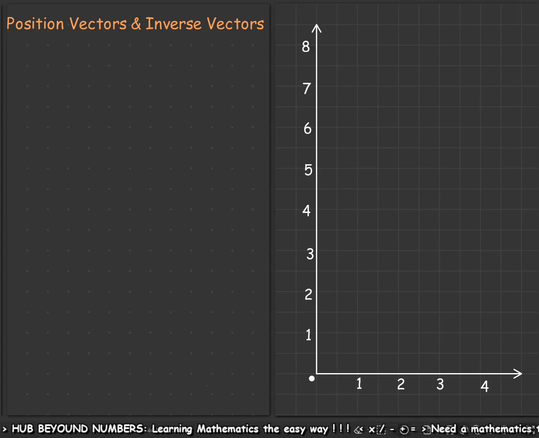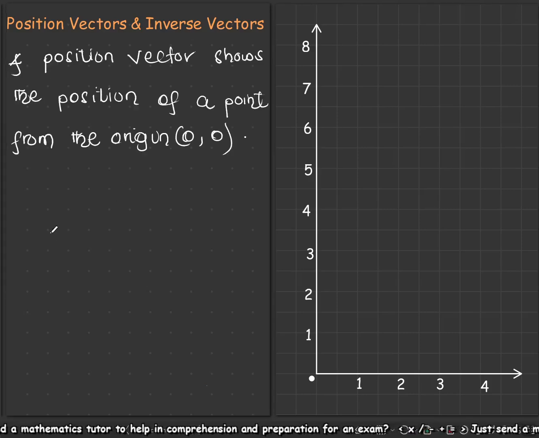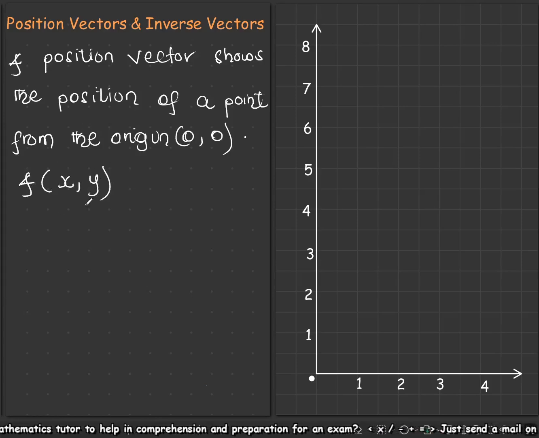When we talk of position vector, the position vector shows the position of a point from the origin. So we say that if a point, let's just take a point A, which has a coordinate x, y, then its position vector, we write it as OA.